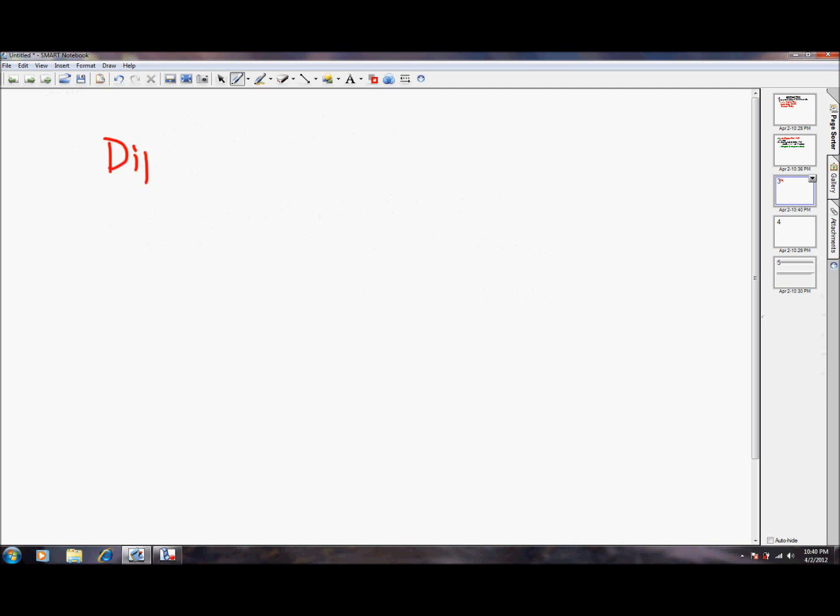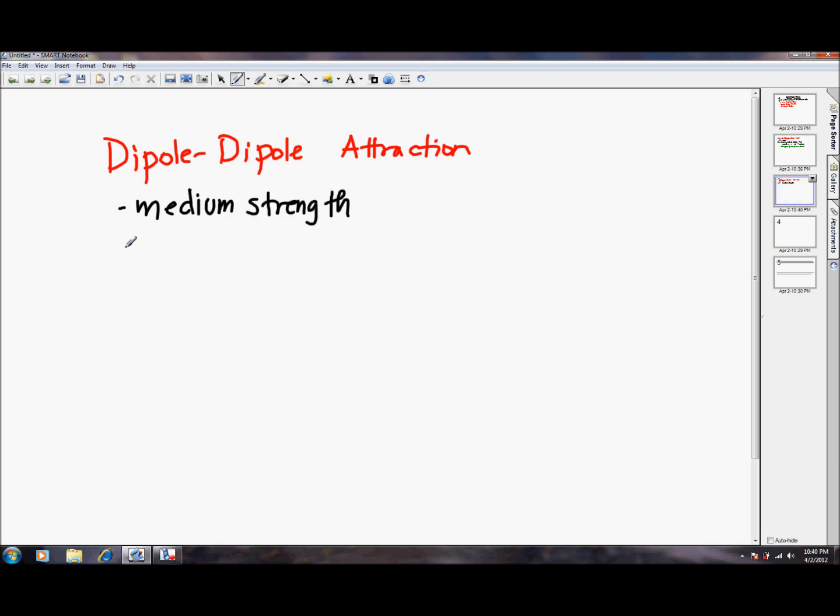The next type of force is called dipole-dipole attraction. This is the medium strength attraction. It's created when the positive end of a polar molecule is attracted to the negative end of a different polar molecule.